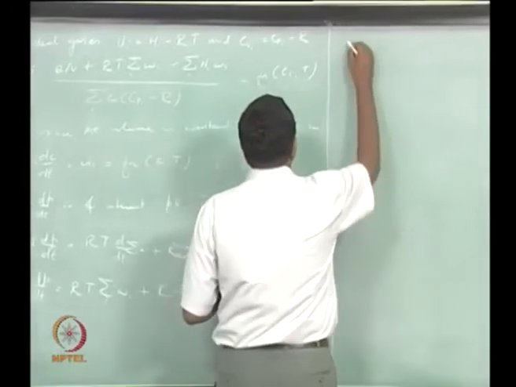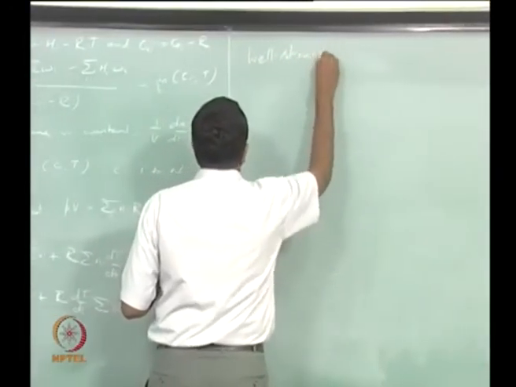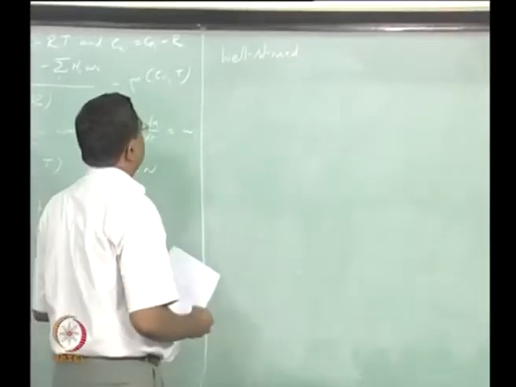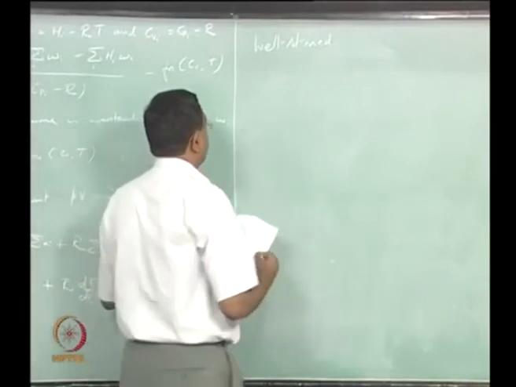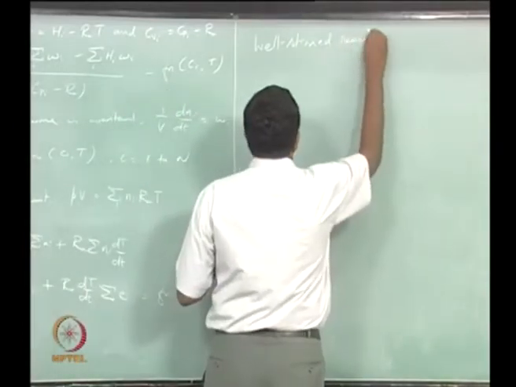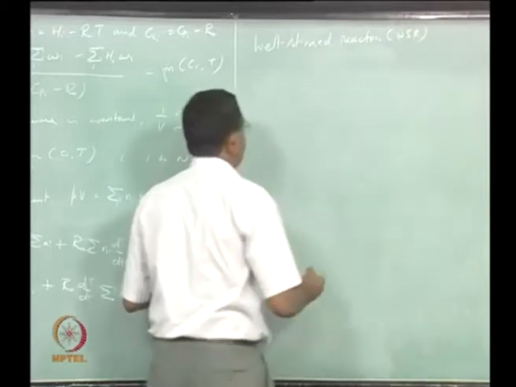So let's now look at the other two ideas that we had on open flow systems. The first of those is the well stirred reactor, which is typically abbreviated as WSR.